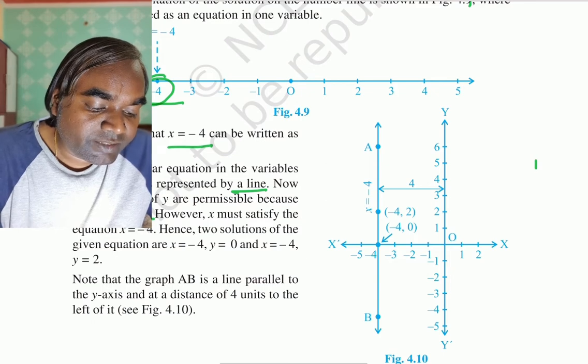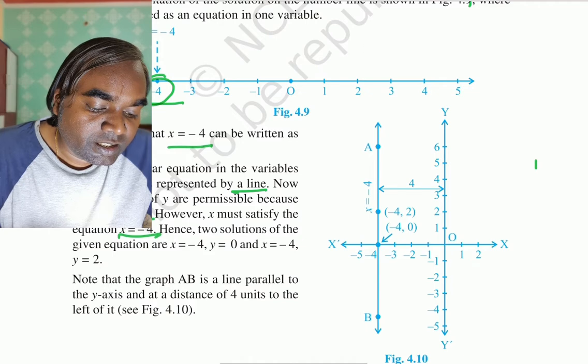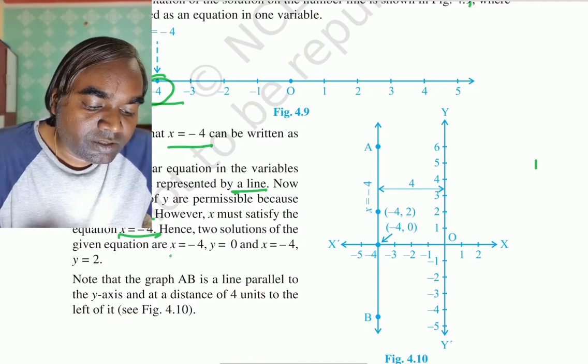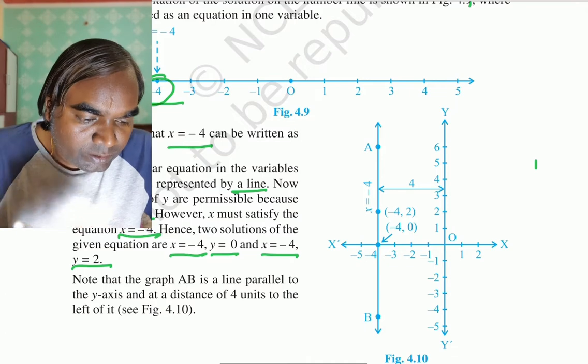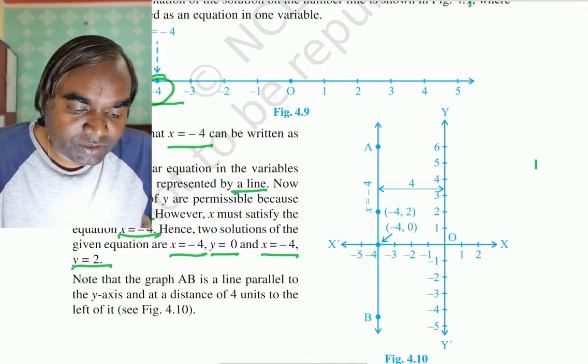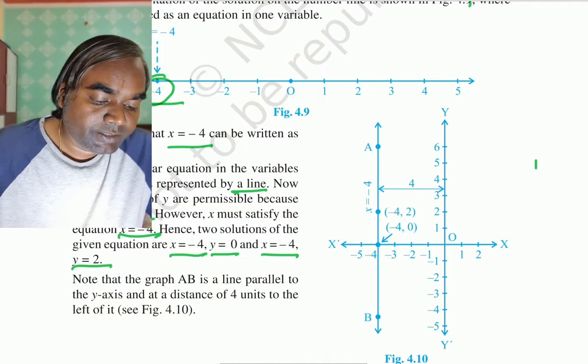However, x must satisfy the equation. Hence two solutions of the given equation are x is equal to minus 4, y is equal to 0, and x is equal to minus 4, y is equal to 2. Similarly we can have many solutions.